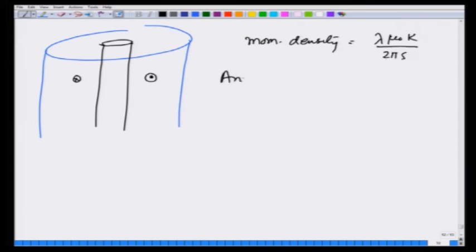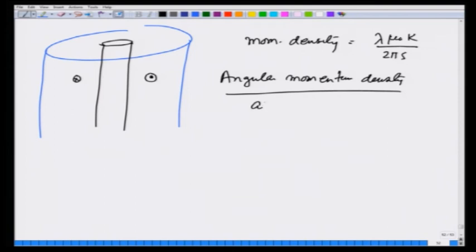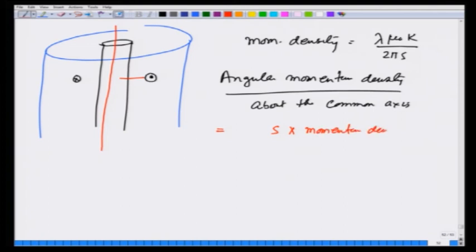How about the angular momentum density, about the common axis? Let me make this common axis, which is right in the middle, S, times the momentum density. So, this is going to be lambda mu 0 k over 2 pi.